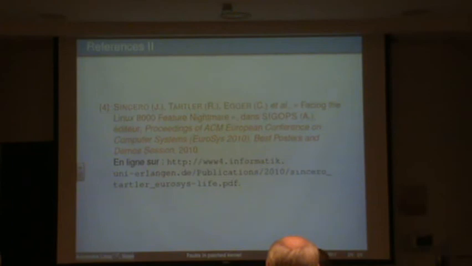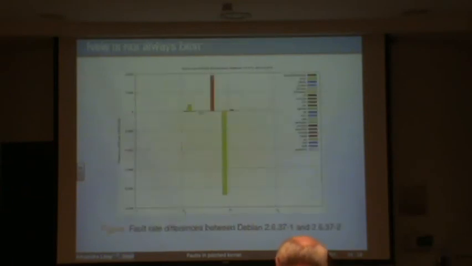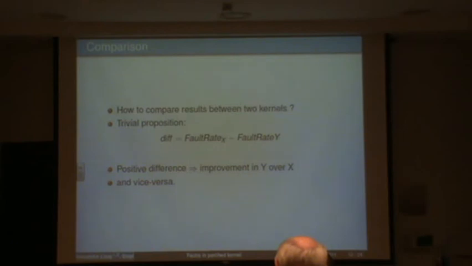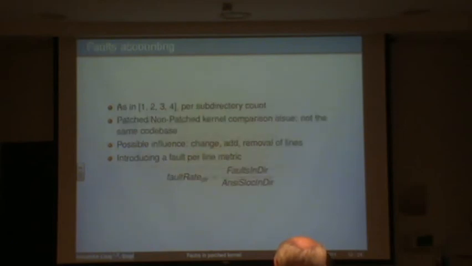Yes, I was thinking about the way that you calculate your metric to see if there is an improvement or if it's getting worse. Maybe the one where you count the number of faults divided by the number of lines in the source code.